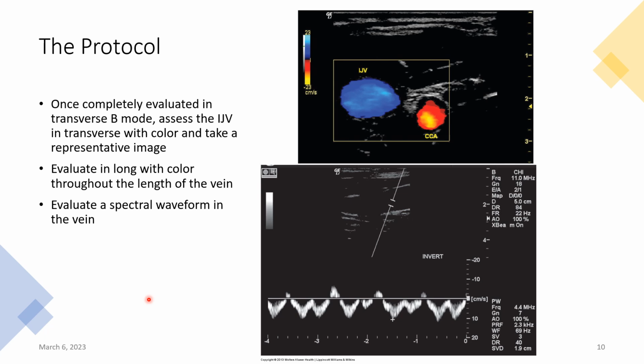Once you've completed evaluation in long and documented that, then you would add your spectral to it. Now, one of the interesting things that we find with the spectral Dopplers of the upper extremity is that because it's so close to the proximity of the heart, sometimes we can almost see a little bit of that pulsatility reverberate into that venous system. So in the lower extremity, we're far away from the heart, we didn't really see any pulsatility, or we shouldn't have seen any pulsatility.